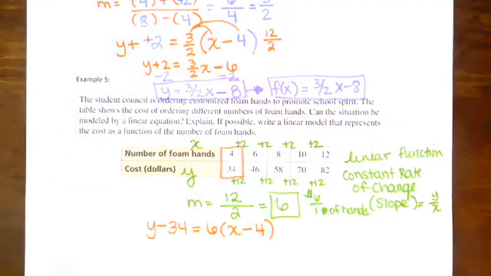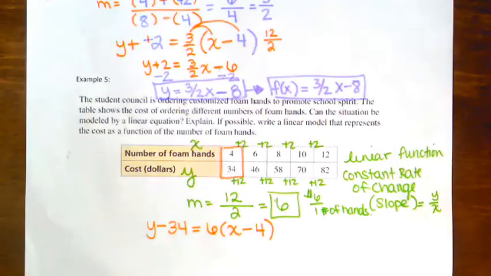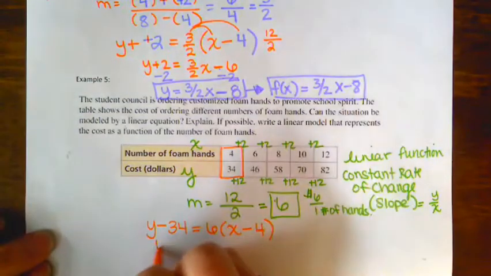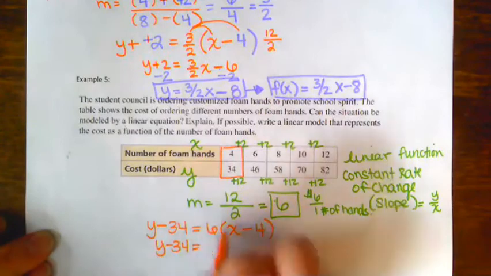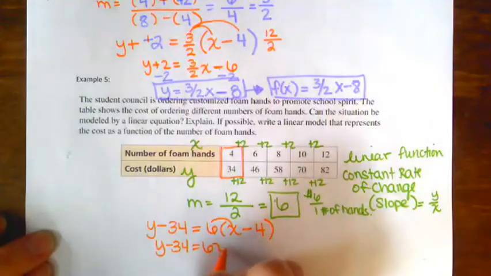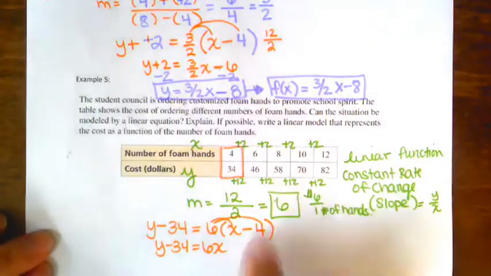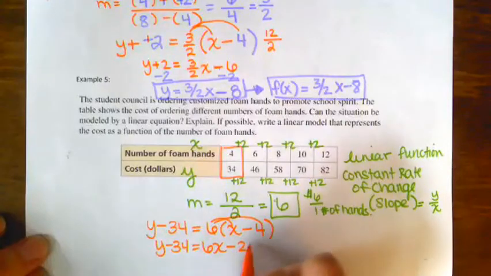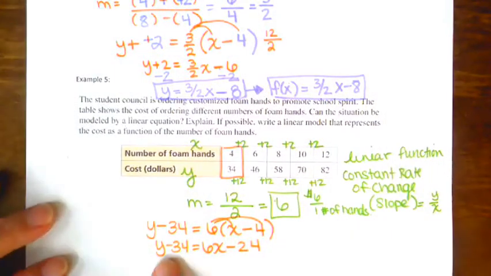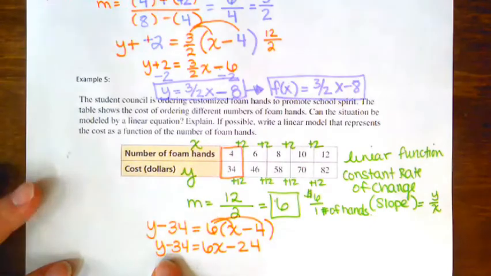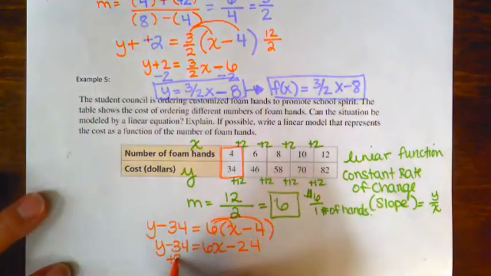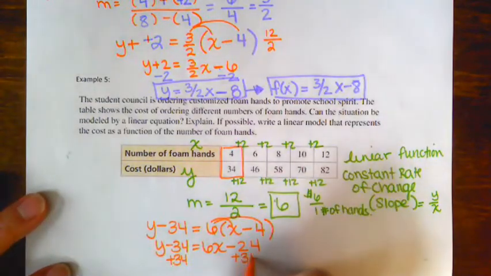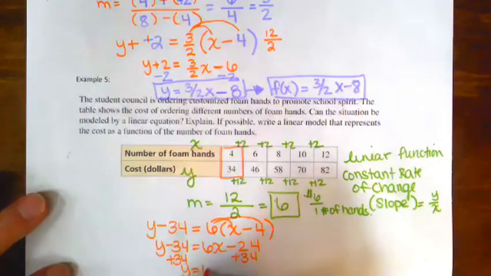And now can we solve it into slope intercept? Yes. So we distribute first. 6 times x is 6x. 6 times a -4 is -24. And then how do I move this 34 to the other side? Add. You add it. So y would equal 6x plus what?